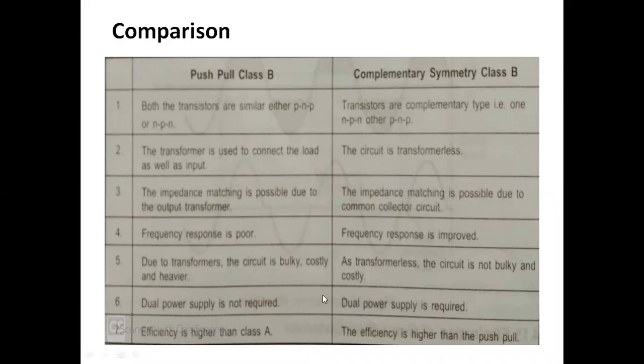Next, last difference is efficiency is higher than class A. Compared to class A, efficiency is more in push-pull amplifier, and in complementary symmetry, efficiency is higher than push-pull amplifier. So that is the difference between push-pull and complementary symmetry power amplifiers.